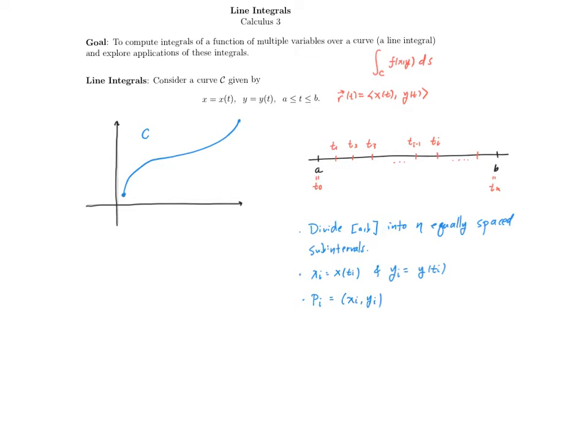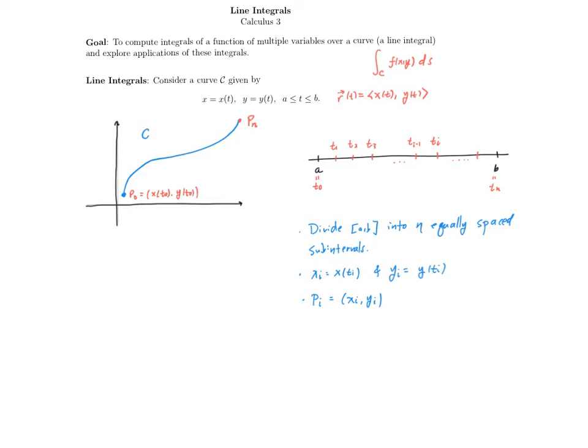So for example, the starting point of the curve C would be P naught. The finishing point for the curve would be P sub n. Just so there's no confusion, P sub naught is the point x of t naught, comma y of t naught.